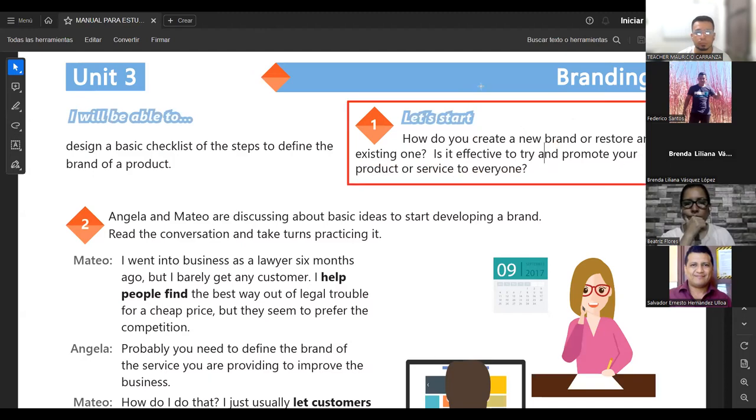Sony Ericsson, maybe. Sony Ericsson doesn't exist. We cannot buy Sony Ericsson cell phones nowadays. So the idea is, how can you restore or take back that brand? Do you think it's possible?